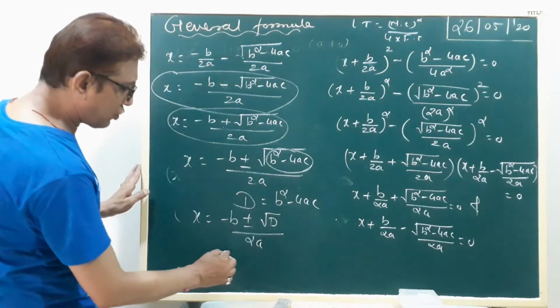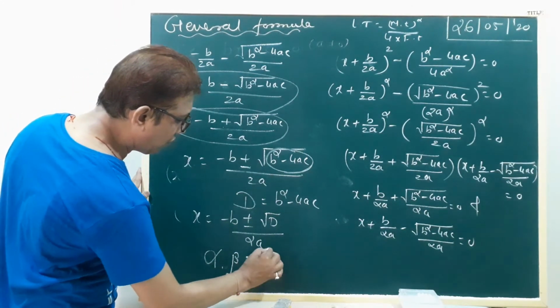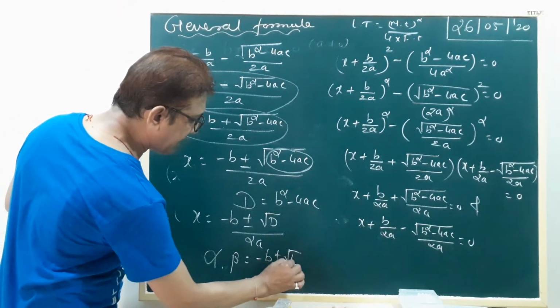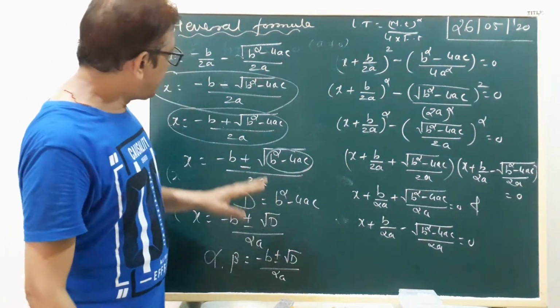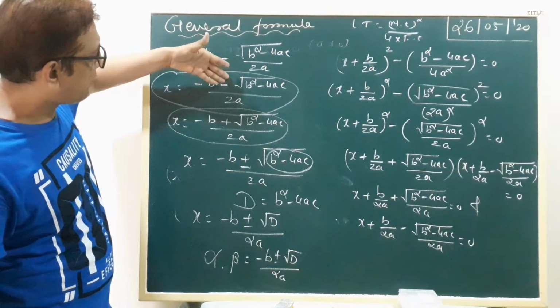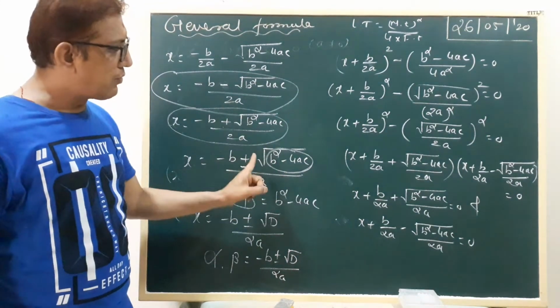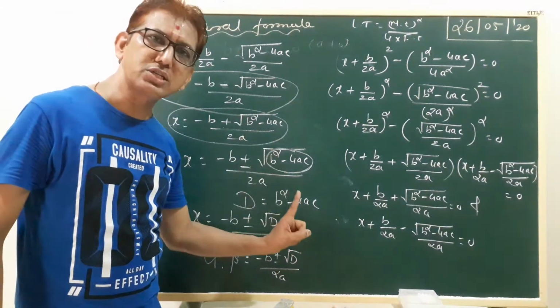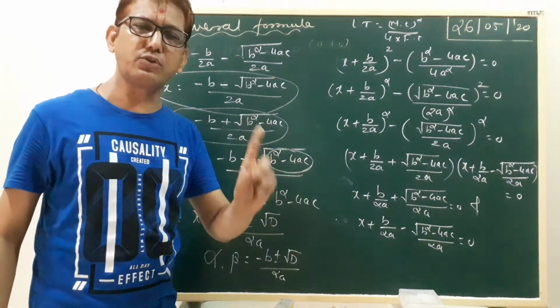You can also use the symbols alpha and beta. Minus b plus minus root D upon 2a. One you can call alpha and the other beta. Right? This is our 4-marker question, most important. We prove the formula, the Sridhar Acharya formula.